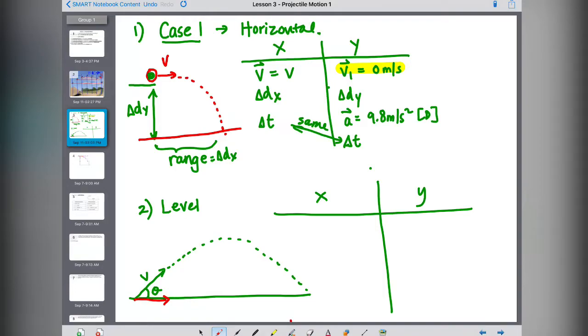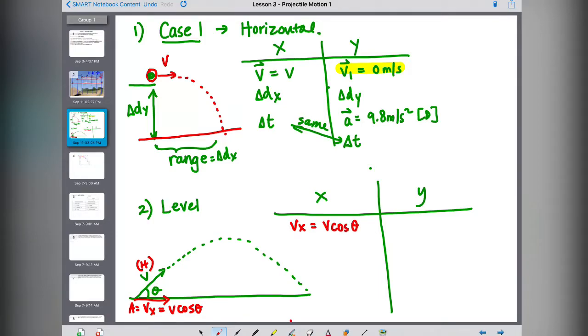This v that is given is always going to be your hypotenuse, right? You have your angle, you want to find your adjacent. So this vx, velocity along x, is going to be the hypotenuse times the cosine of theta. So hypotenuse is v, v cos theta. Okay, so this is your vx.